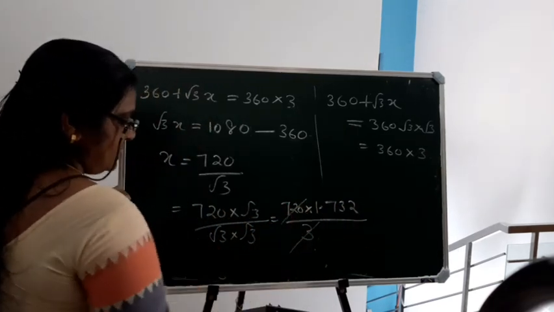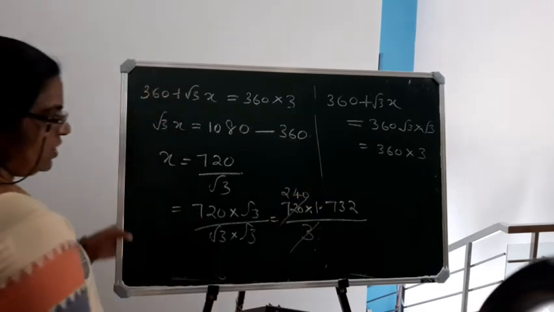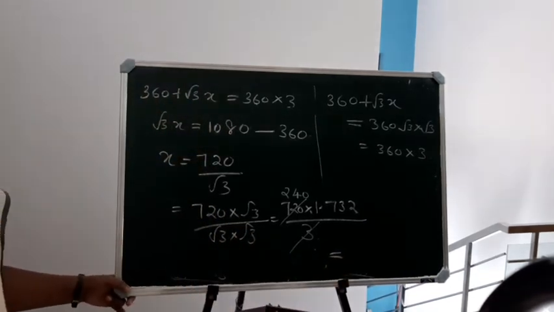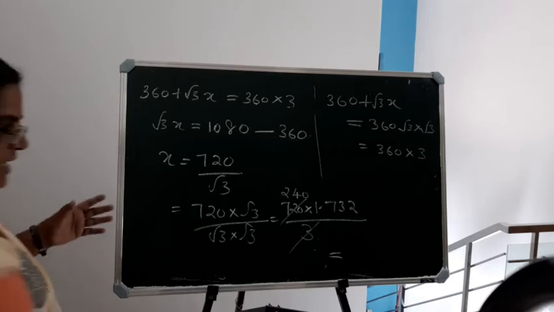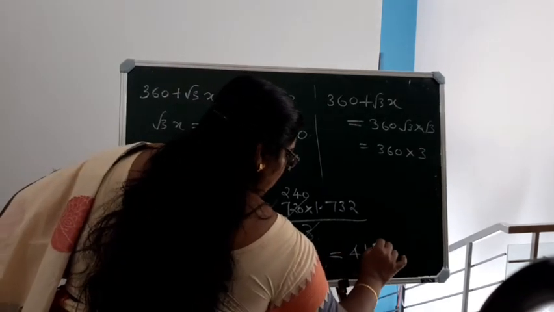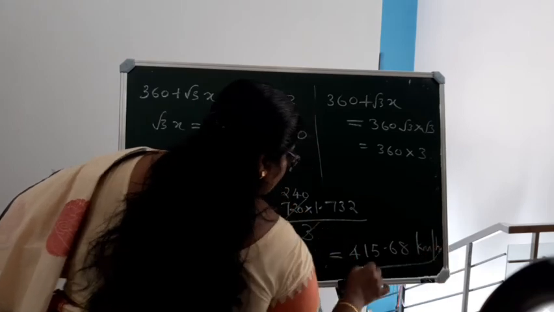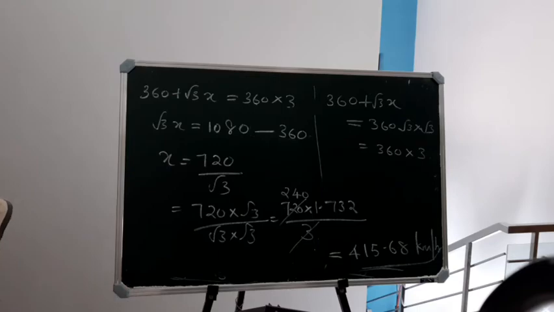And 3 into this one, 240 into 1.732. This is the speed of the aeroplane. 240 into 1.732 is 415.68 kilometer per hour. This is the speed of an aeroplane. Okay.